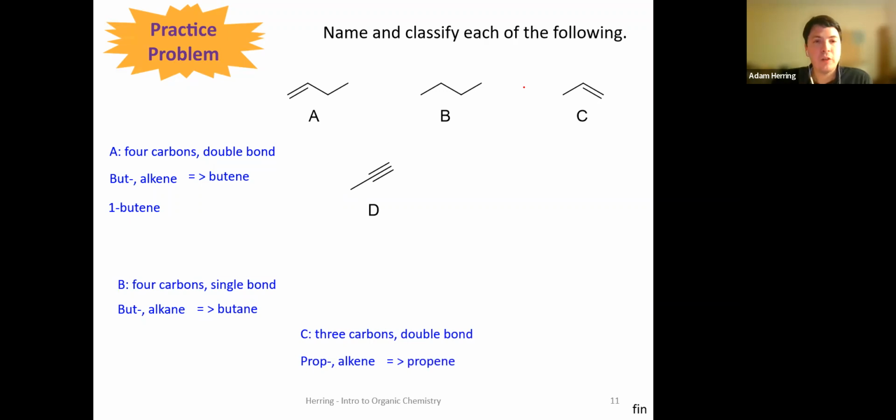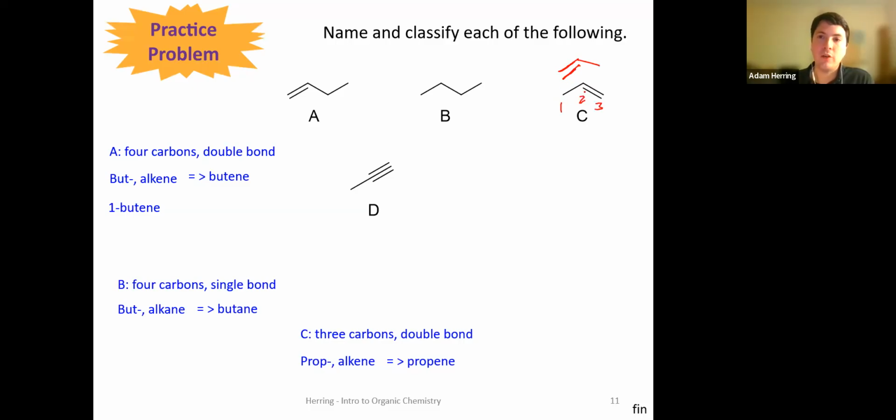Now, you might be wondering, do we need to call this 1-propene? It turns out that it doesn't, we don't need to use the numbering system here because it wouldn't matter. It's unambiguous where the double bond is. It can only be in one significant location. If we put the double bond here, you notice we could just change our numbering system.